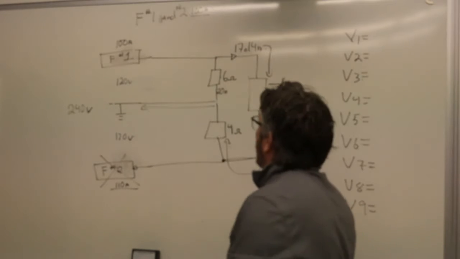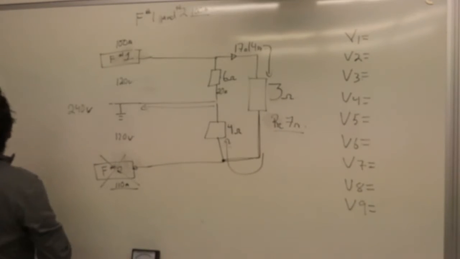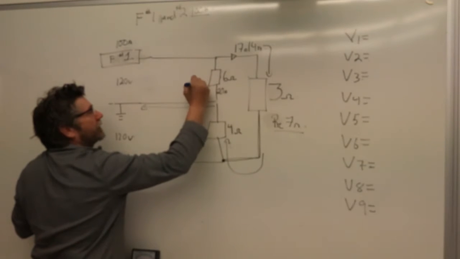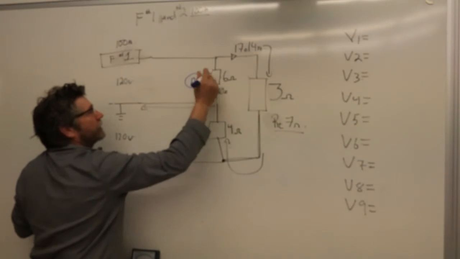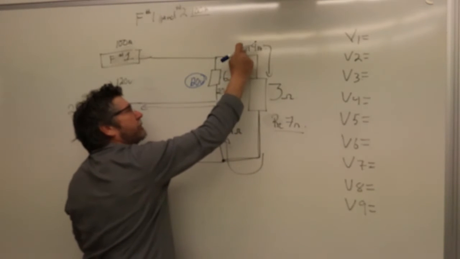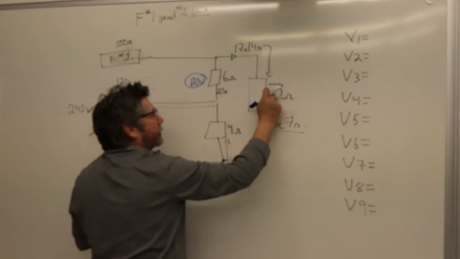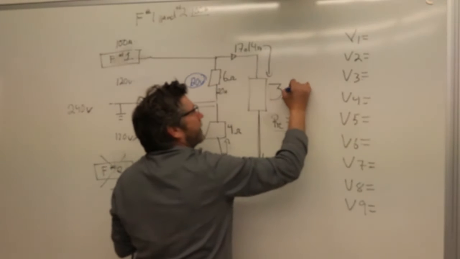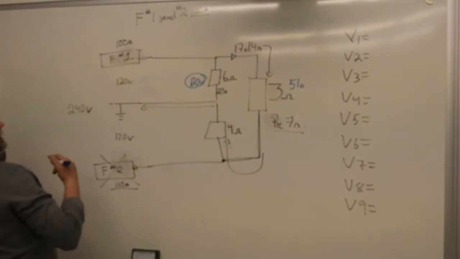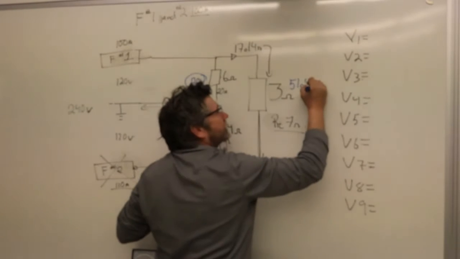As we go right here, the voltage drop over this one is going to be 120 volts. The voltage drop over 3 is 17.14 amps multiplied by 3, which is 51 sorry, my memory's not so good, 51.43 volts.